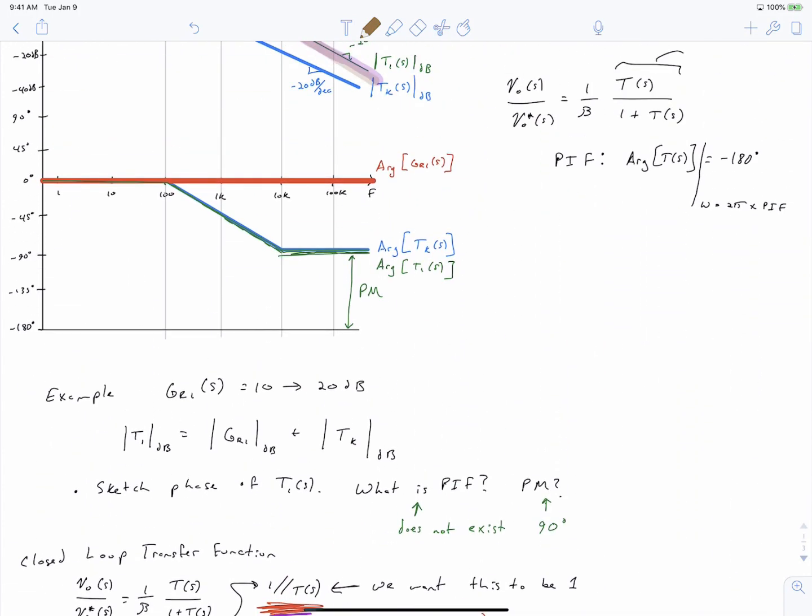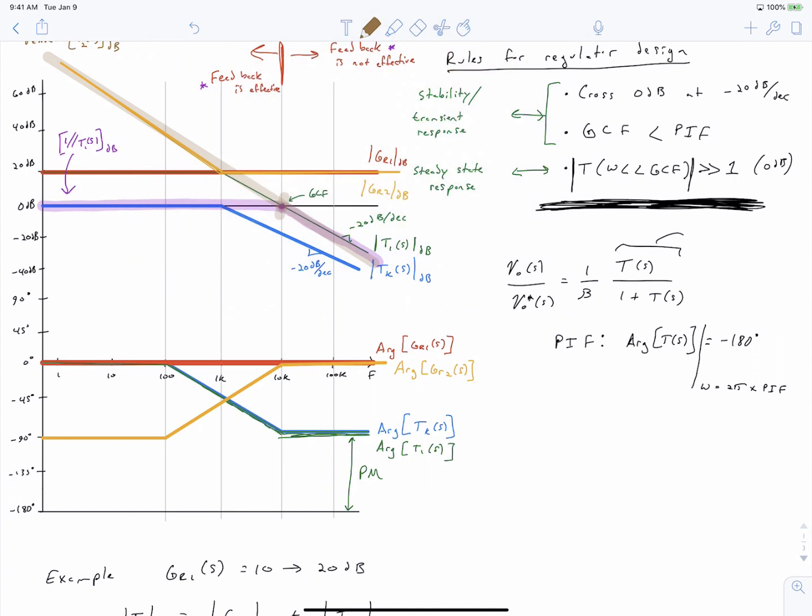So that means it's going to look like this. It's going to be negative 90 degrees. It's going to go up to negative 45 at 1 kilohertz, and then be at 0 degrees by 10 kilohertz, and then remain at 0 degrees out into infinity.